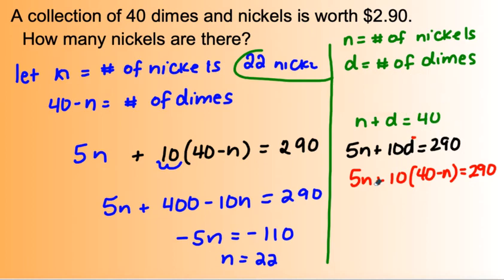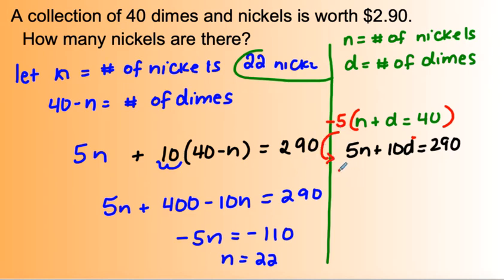If you used elimination, let me go through that. You'd want to eliminate one variable. And so in this case, I'd actually have to multiply the top equation by -5. I'd kind of make it bigger. I'd be getting -5n minus 5d equals -200. Okay, then you add the equations together.